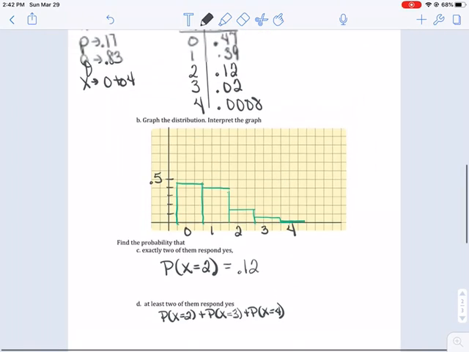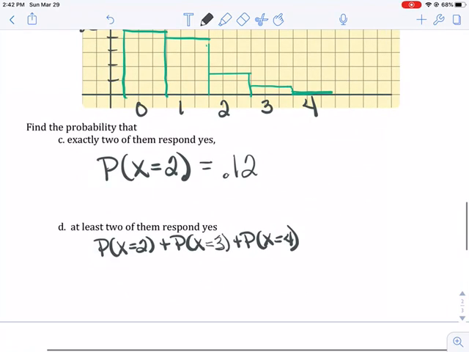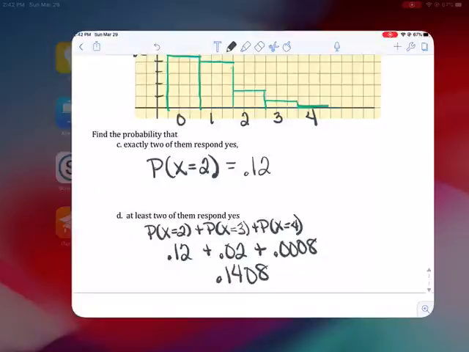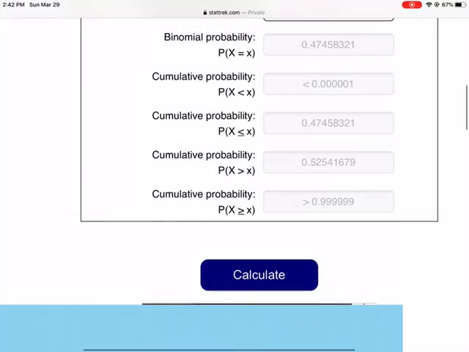Okay, and then I'm just going to add them up. So 0.12 plus 0.02 plus the one that's really small, 0.0008. Okay, so I got 0.1408.